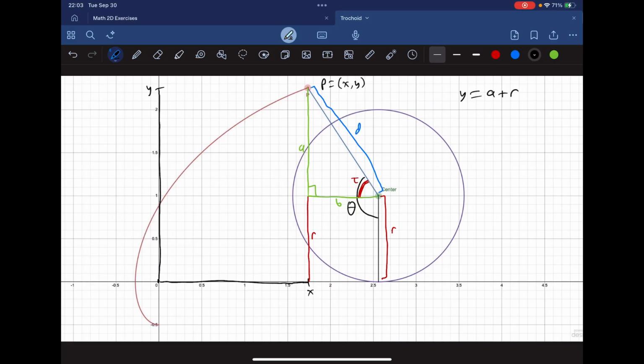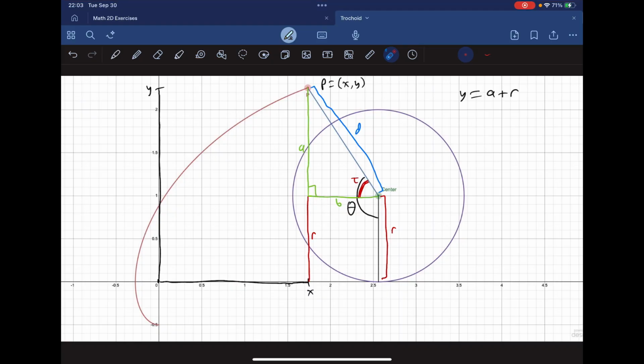Now we can play a similar trick with x, but here we're going to need to do some subtraction instead. So, okay, x is this length right here. The length from this point right here to this edge, well, if we look at our triangle, we can see that it corresponds with this side length b.